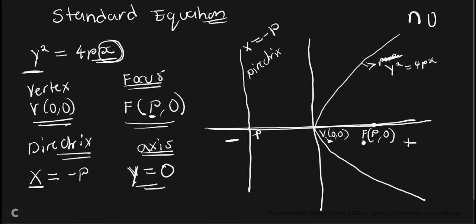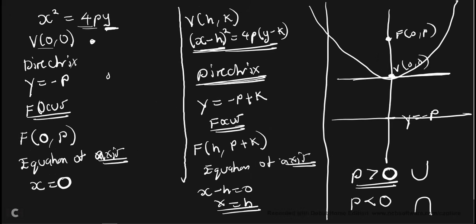Even this side again, the one which is moving in the x-axis, when p is greater than 0, the parabola will point to the right side. When p is less than 0, then the parabola will point to the negative side or to your left side. So those are the things that you need to take note of when you are drawing the parabolas. So this is just the introduction, and the questions are coming.